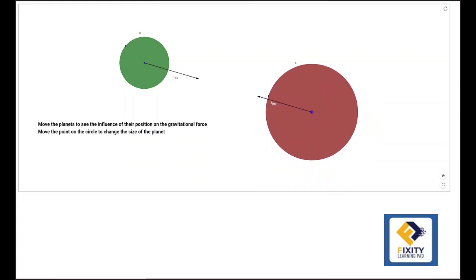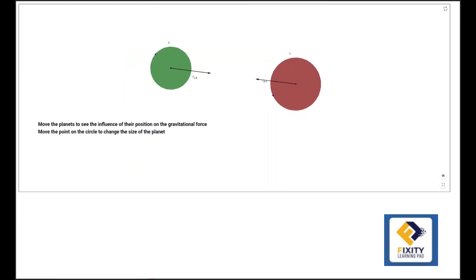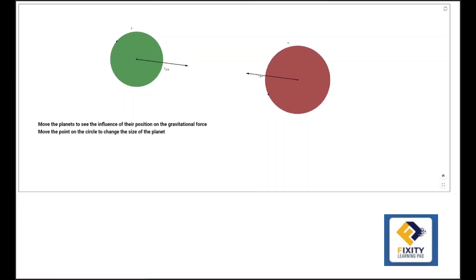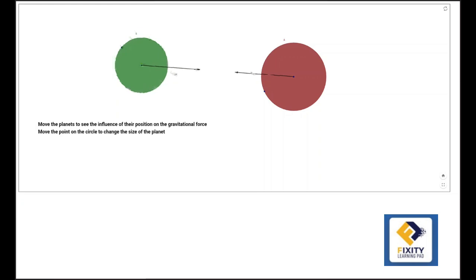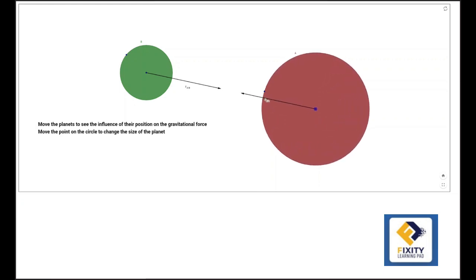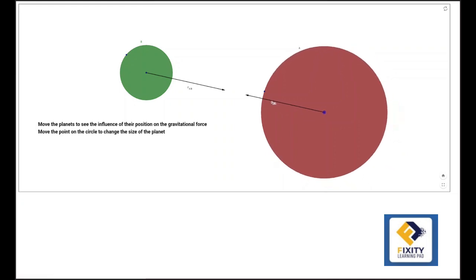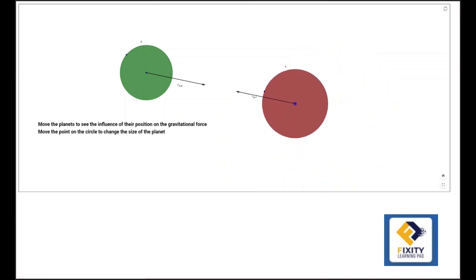If I decrease the size here also, you can see if I am increasing the size, the magnitude of the gravitational force is increasing. If I make it smaller and smaller, very small, you can see the gravitational force is decreasing.